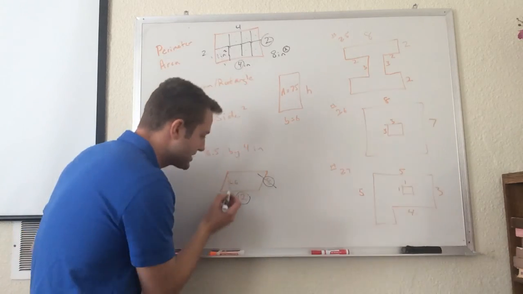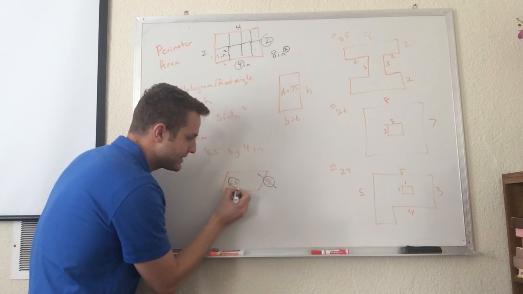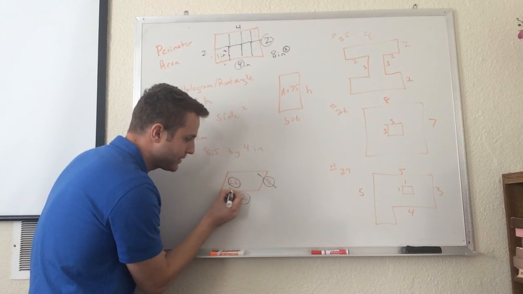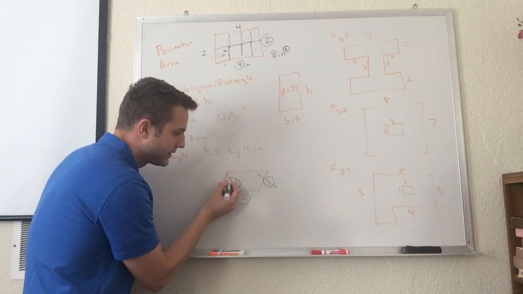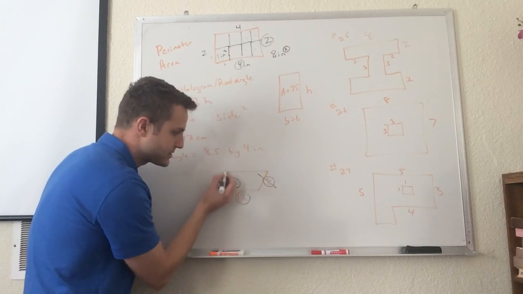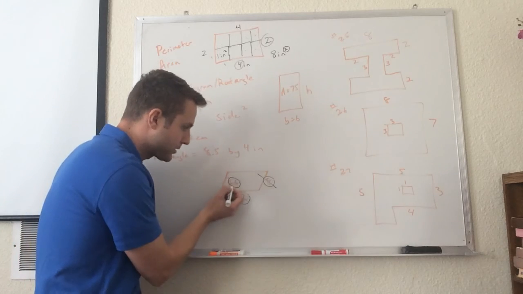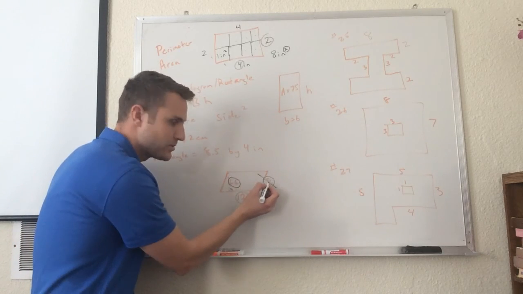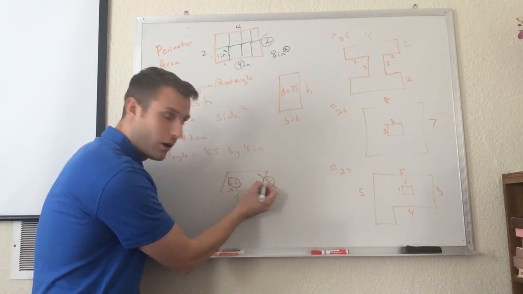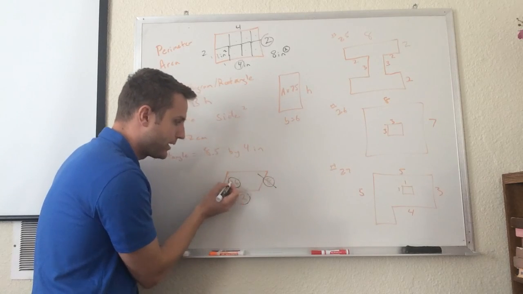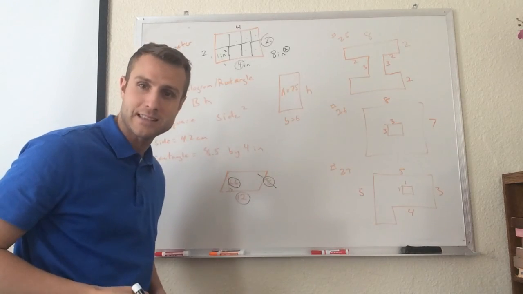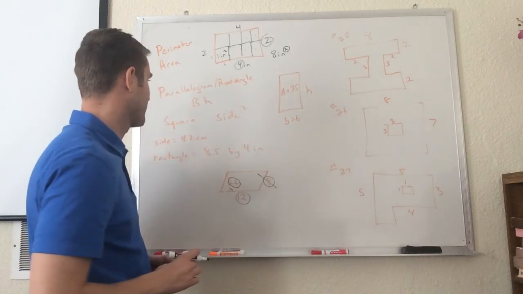You are only going to use the height. This is the height. It's a perpendicular, that means it makes a right angle line that goes from one base to the other base. The distance from one base to the other base perpendicularly, that's the number you're going to use. So never use the number on the side, only use this number. So I would do 12 times 6.6, and that would give me the answer.